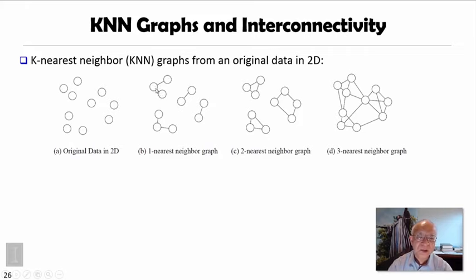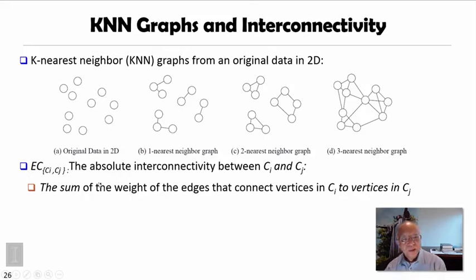For example, this one's closest neighbor could be here, this one's closest neighbor could be here. Then you construct a subgraph based on these. You get a one nearest neighbor graph. For the two nearest neighbor graph, for each point you look at their top two nearest neighbors and construct a graph like this. For the three nearest neighbor graph, for each point you look at their top three nearest neighbors, then you construct a graph like this.